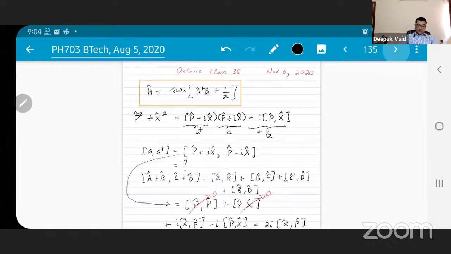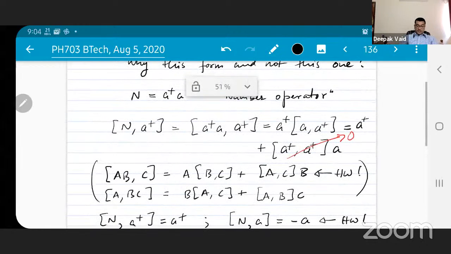Yeah, Vipul, the commutation relationship is just that. In this particular case, I have two operators, let's say A and B. If I take the commutator of A with B, I just get B. That's the property of this A dagger.